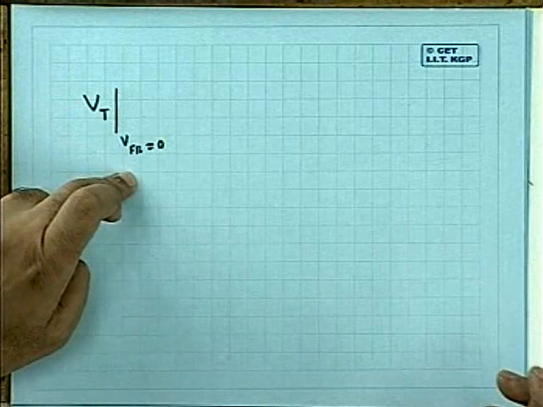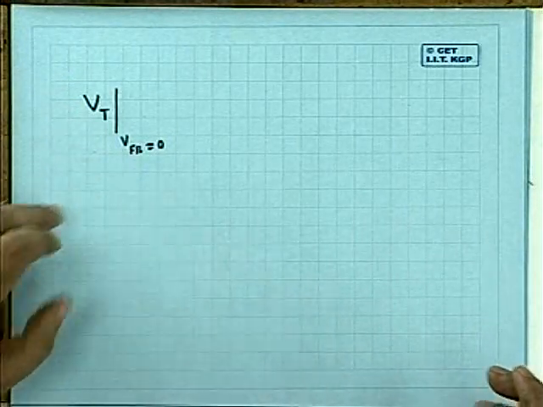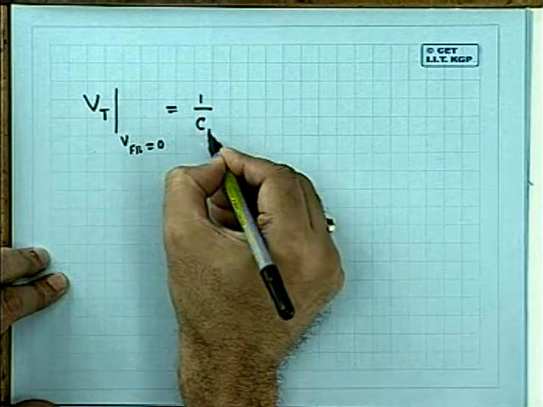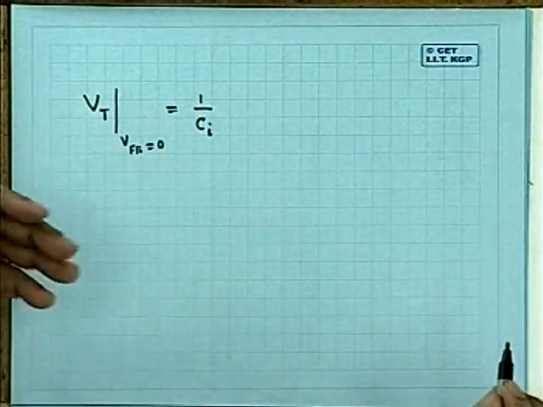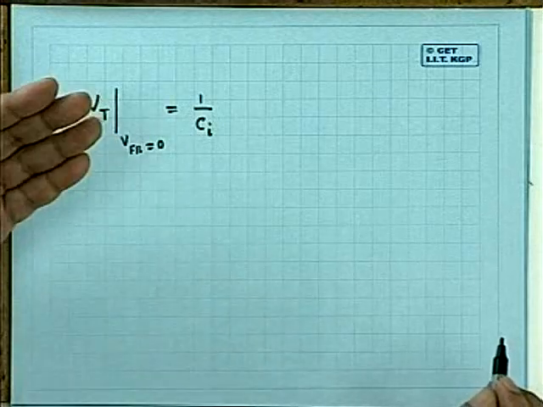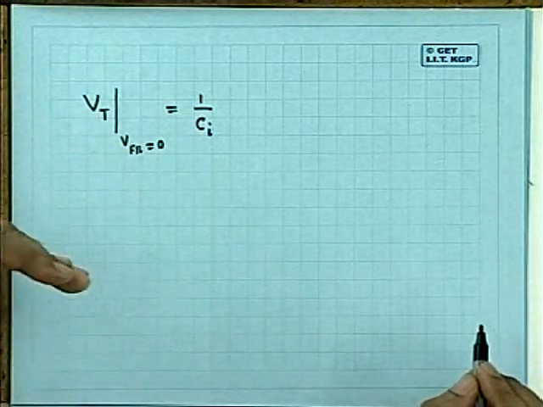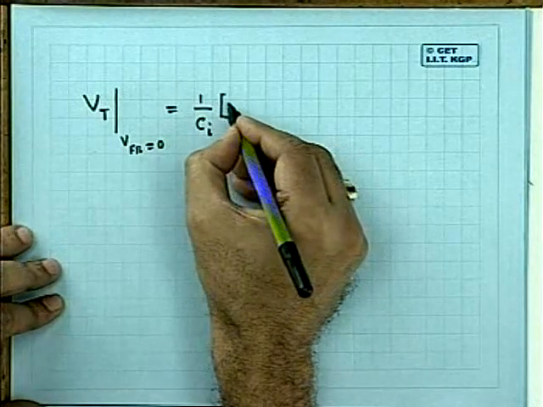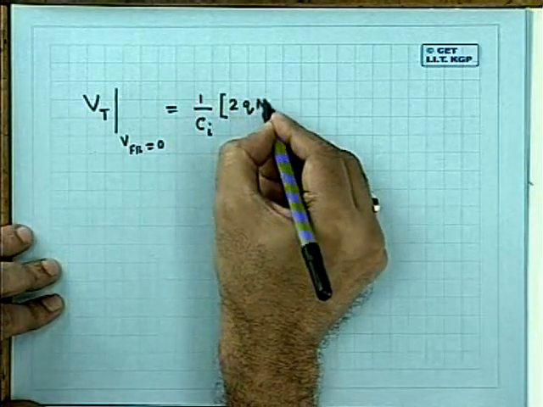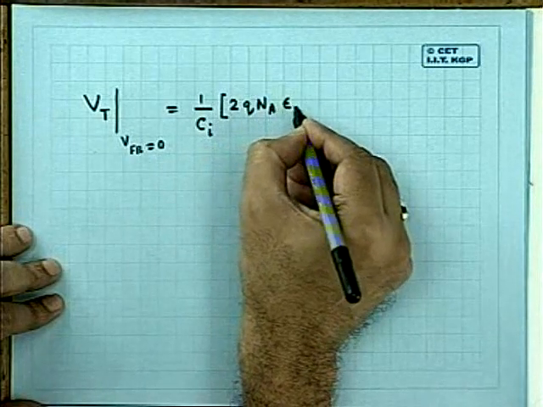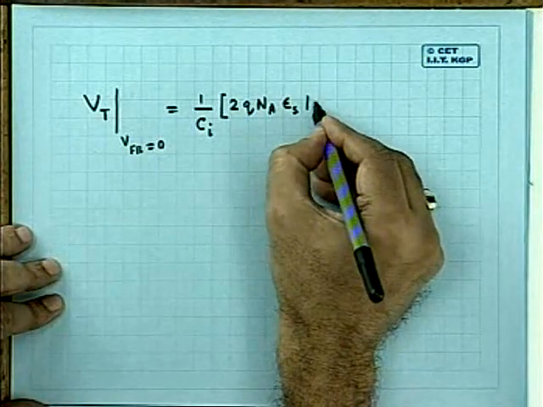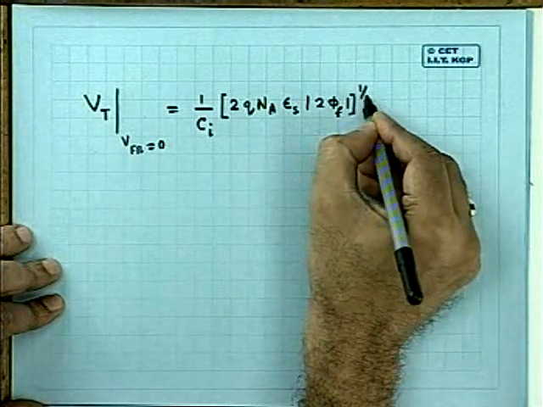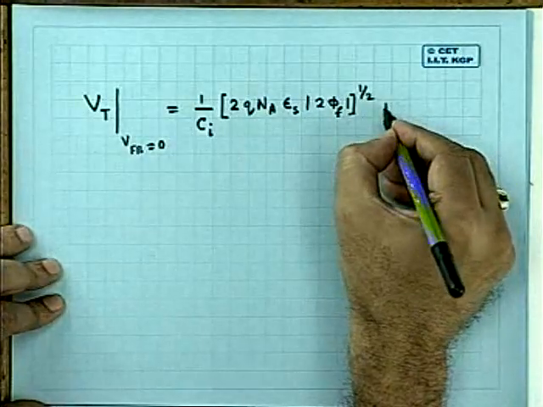Vt, assuming that flat band prevails, is given by 1 by Ci, where Ci is equal to epsilon insulator divided by thickness di, times the square root of twice Qna epsilon s twice phi f, whole to the power half, plus twice phi f.